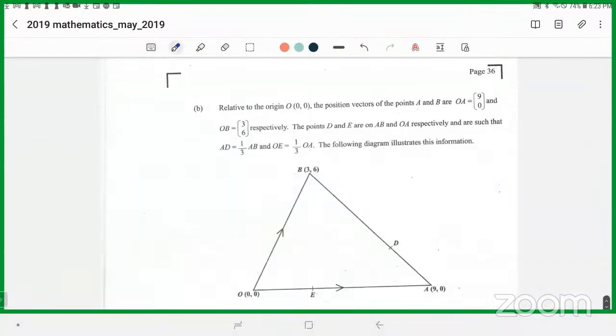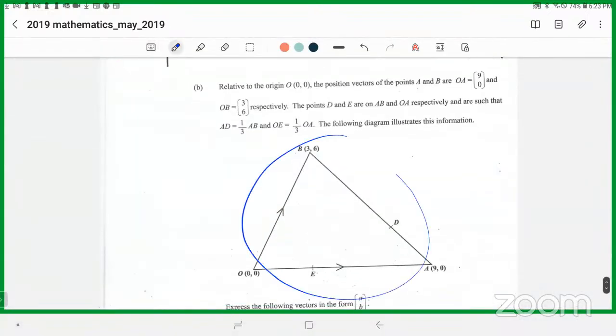All right, let's look at this one. 2019. So this one, I like the diagram, so I can see a way around, right? It says relative to an origin O, the position vectors of A and B are 9, 0. And they really should put the arrow on top of this. That's a mistake or something that was left out. Maybe they couldn't type it in. And you should put the arrow on this as well. All right.